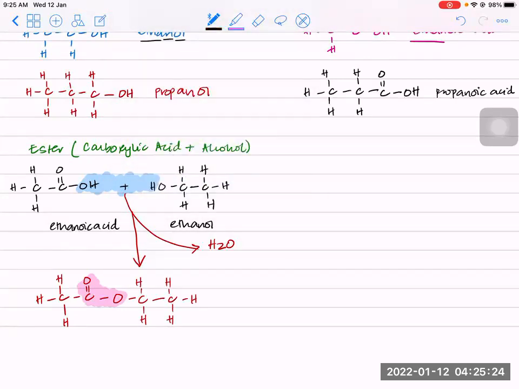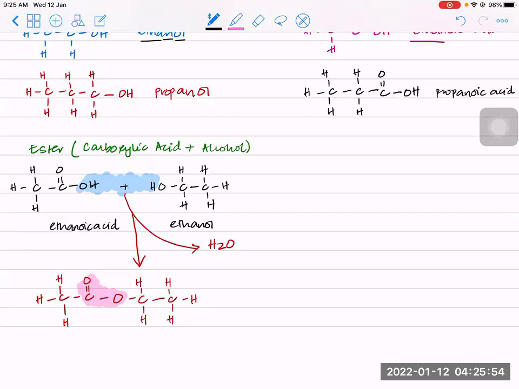Now let's name the ester. How do we name the ester? So the shortcut I'll tell you, you can use that to name esters. Here you already knew you've taken a 2-carbon alcohol and a 2-carbon acid, the starting reagents were given to you. But let's suppose they were not, and they directly made the ester and asked you to name it. How will you name it?